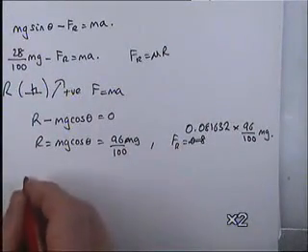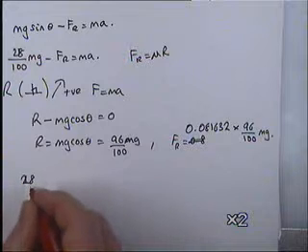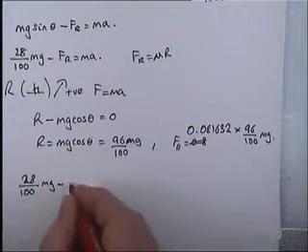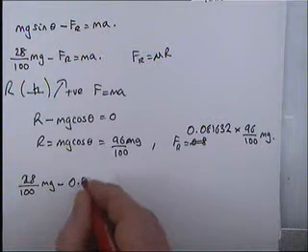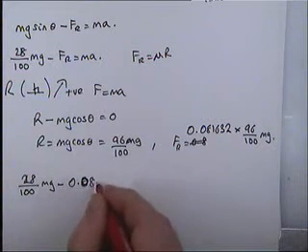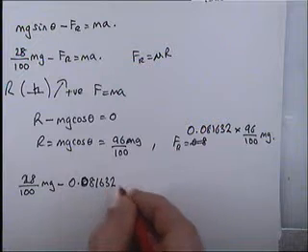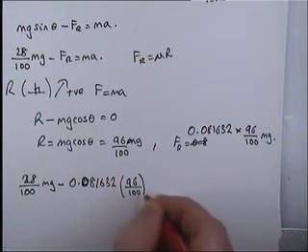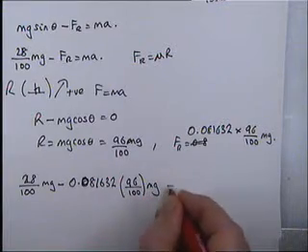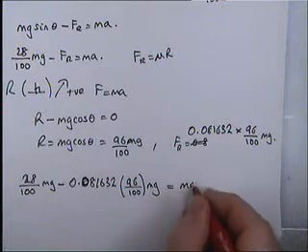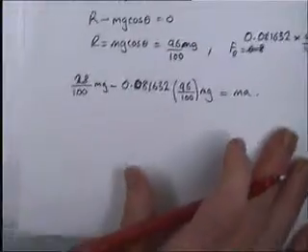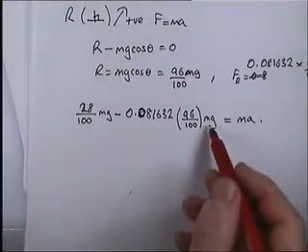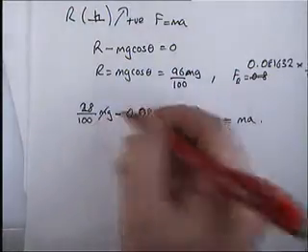And we get 28 over 100 mg minus 0.081632 lots of 96 over 100 mg equals ma. Now this is why we didn't have to worry about the masses not being given to us, because the masses are in every term here, so they can cancel.